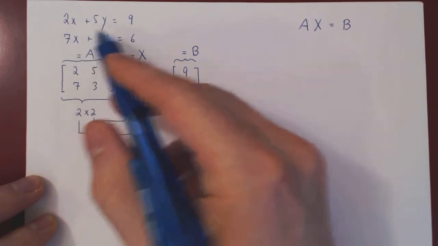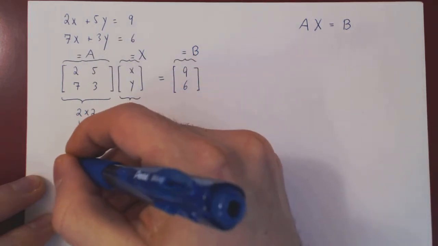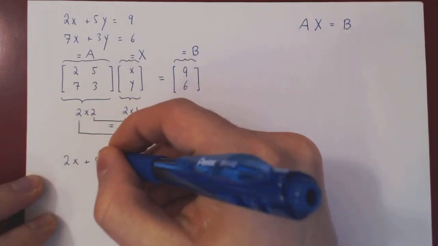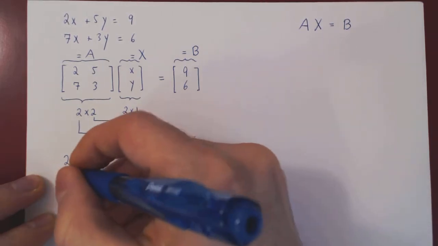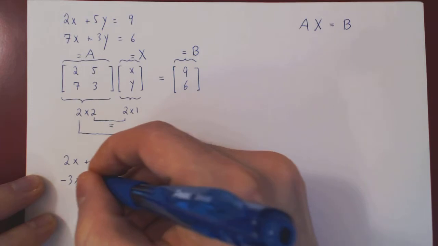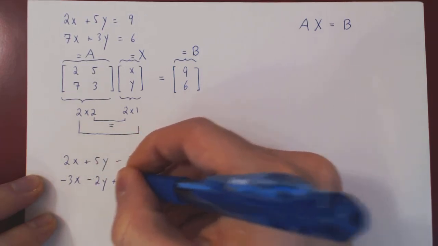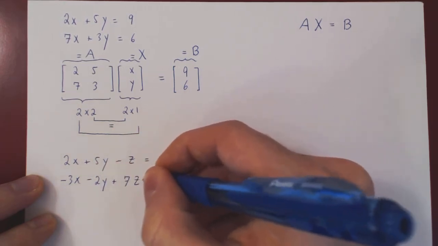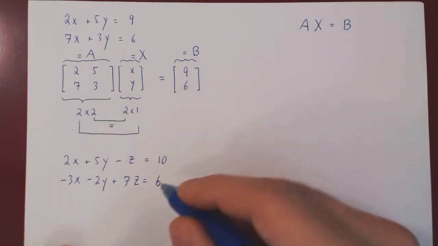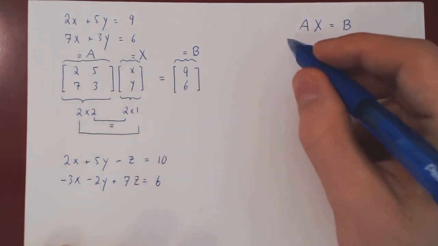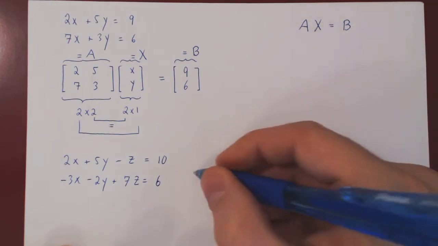Suppose we had now three variables, two equations. So we'll go with 2x plus 5y minus z equals 10, negative 3x, negative 2y plus 7z equals, say, 6. We want to rewrite the linear system in an equality of this type.